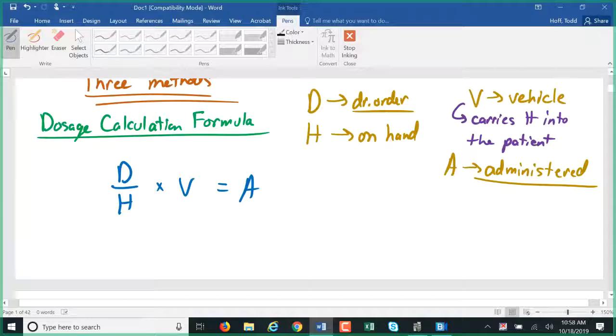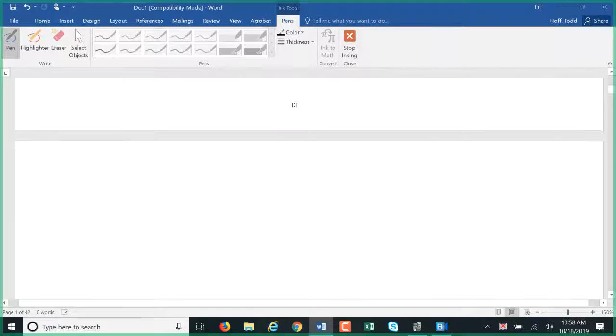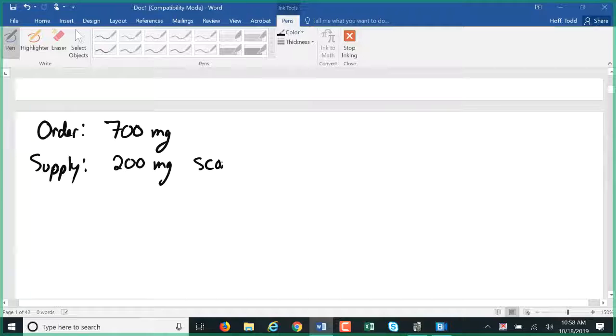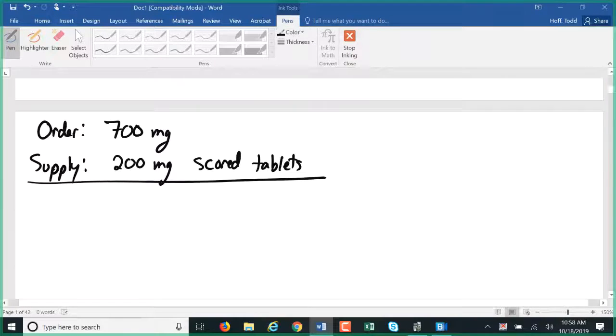Let's do a couple of examples here. Let's say the doctor orders 700 milligrams of medication. Supply is 200 milligram scored tablets. Scored just means they're marked, so they're easy to break in half.